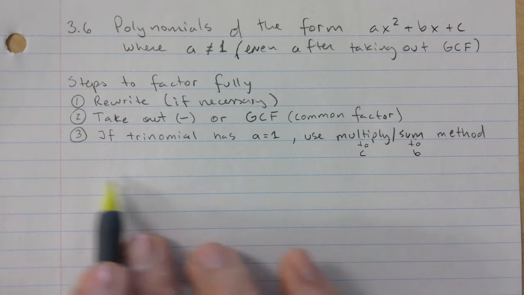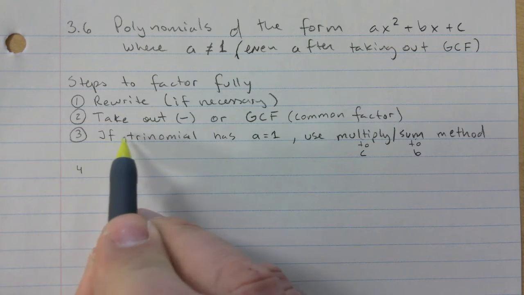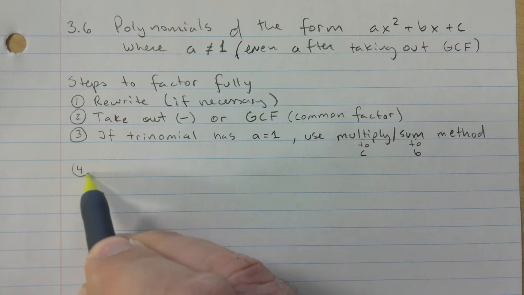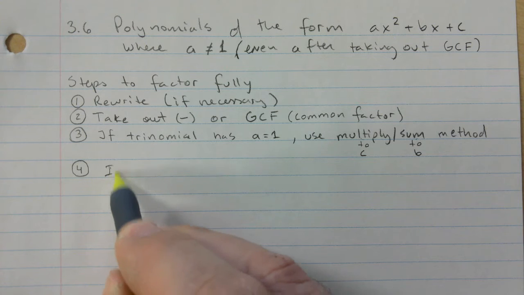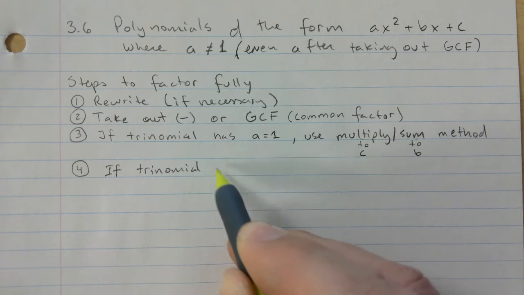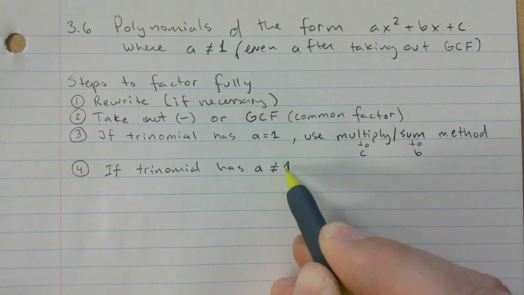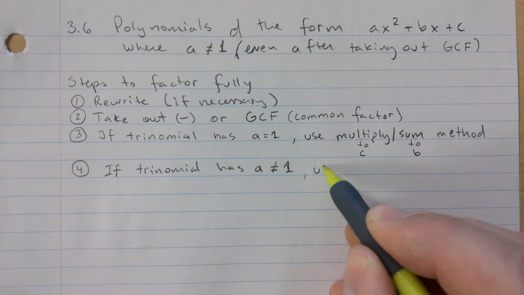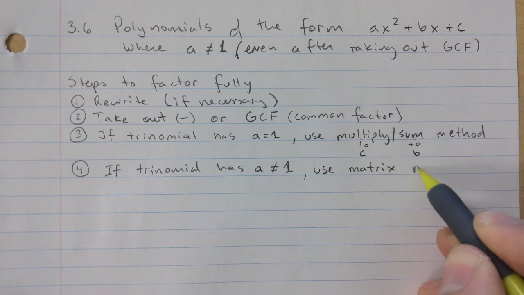But now I'm going to introduce you to a new one. So that'll be the fourth step. If this isn't happening, then we're entering the fourth step, which is if trinomial has a not equal to 1, use matrix method.